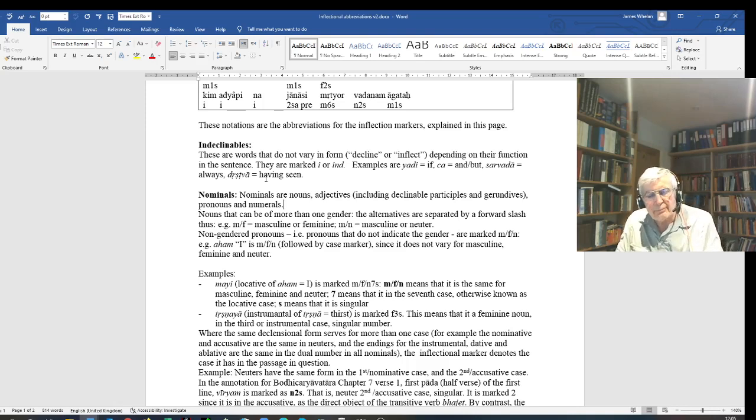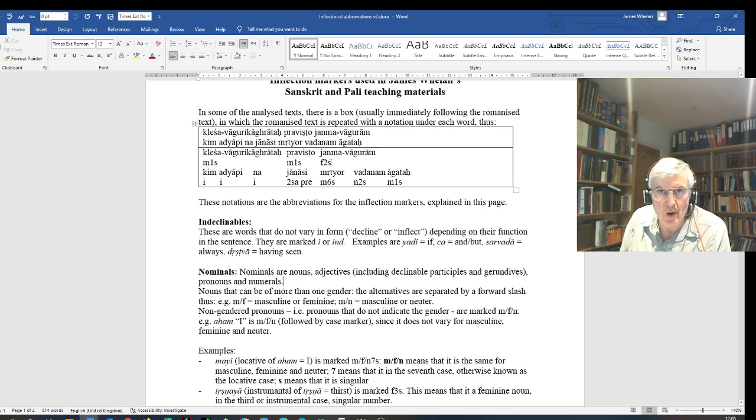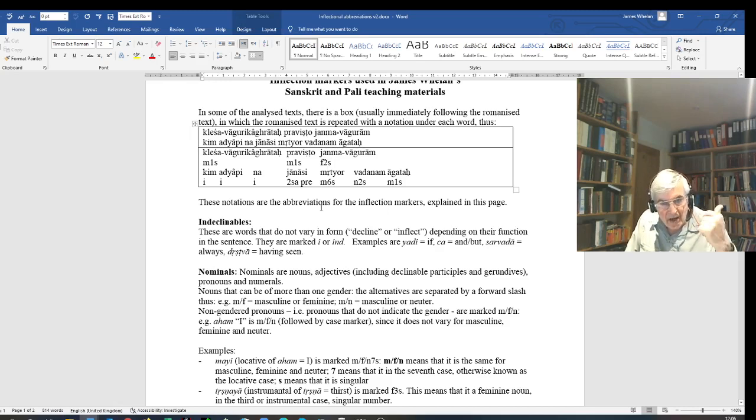The reason we lump them together under this word nominals is because when we are noting the inflectional category of it, like the M1S, M6S, F2S, these same notations will apply to nouns, adjectives, numerals, and pronouns, which is why it's convenient to lump them together in one.